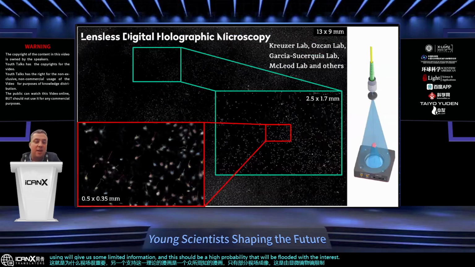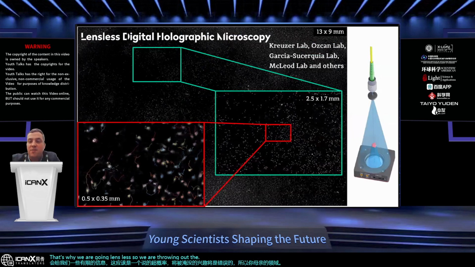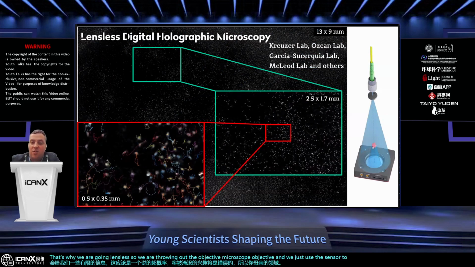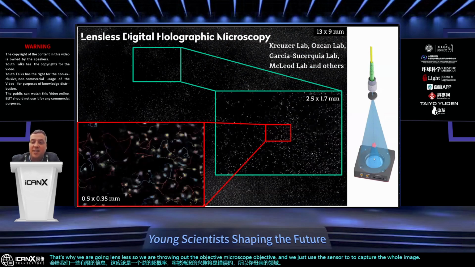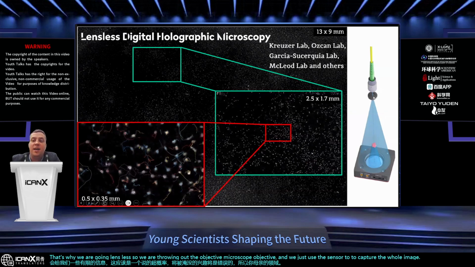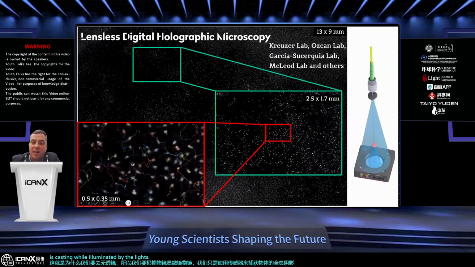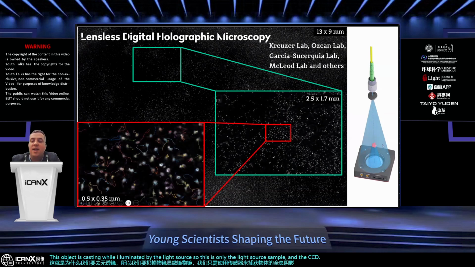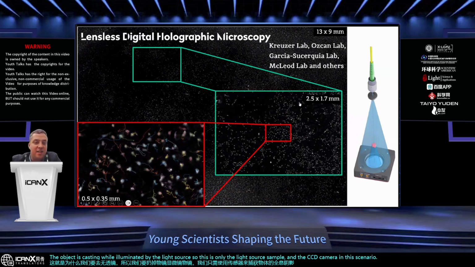So we are throwing out the microscope objective, and we just use the sensor to capture the holographic shadow that the object is casting while illuminated by the light source. So this is only the light source, sample, and the CCD camera in this scenario. The larger the camera is, the larger our field of view is.